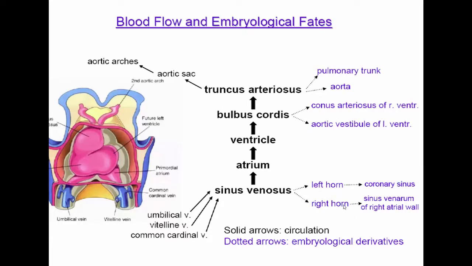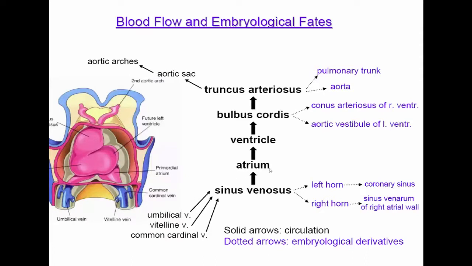This right horn of the sinus venosus will become the sinus venarum, which gives rise to the smooth-walled part of the right atrium. The left horn gives rise to the coronary sinus, which is the main vein of the heart.